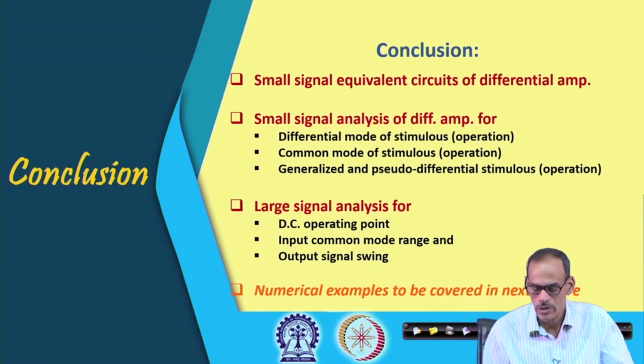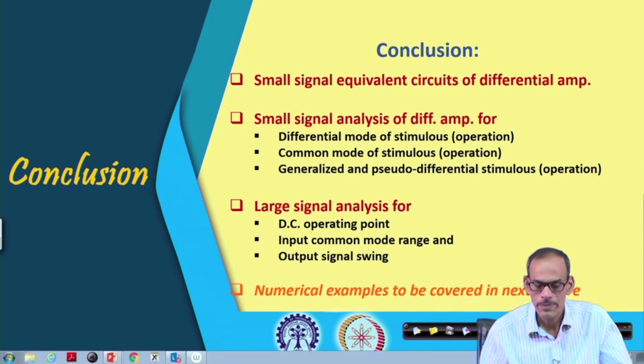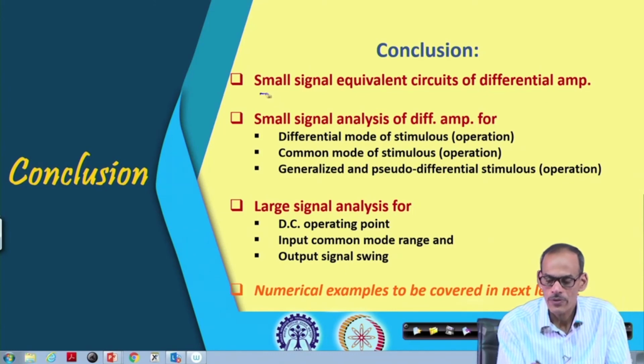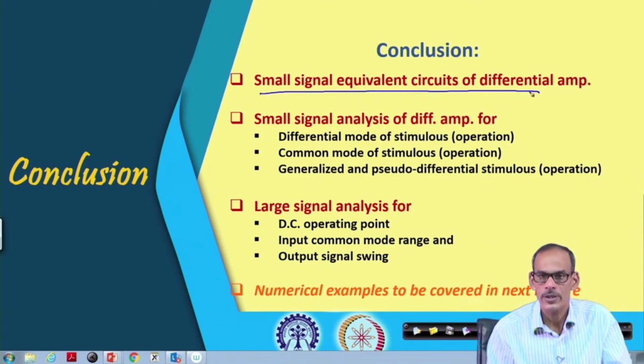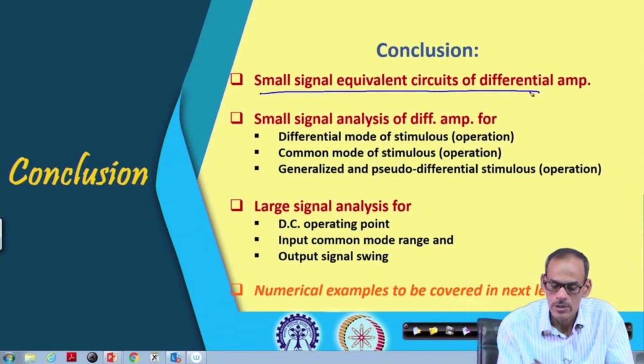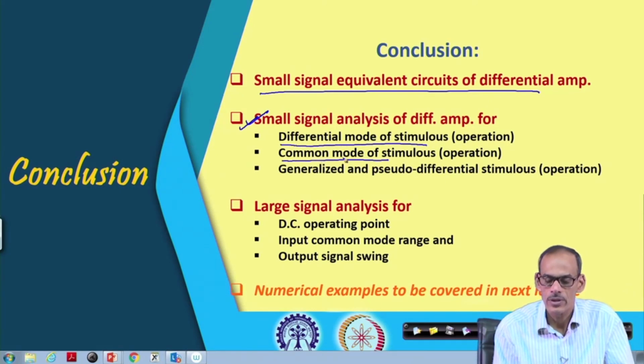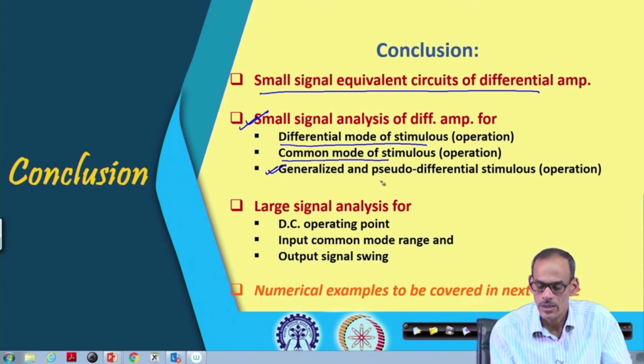So, to summarize what we have discussed today, we started with the small signal equivalent circuit for the differential amplifier realized in either BJT or MOSFET version, and then we talked about small signal analysis for the differential amplifier, specifically for 3 different modes of operation, extensively for differential mode and common mode, and then also about generalized stimulus, and pseudo differential as a special operation.